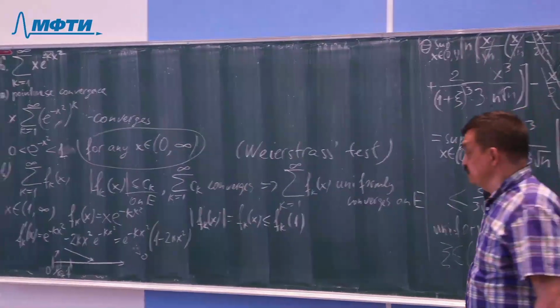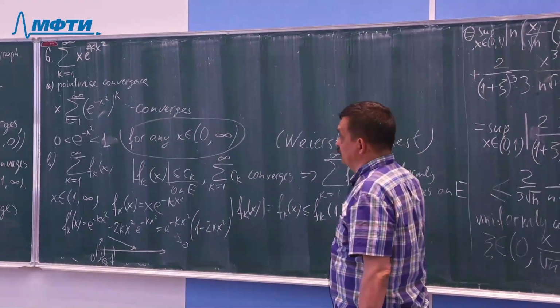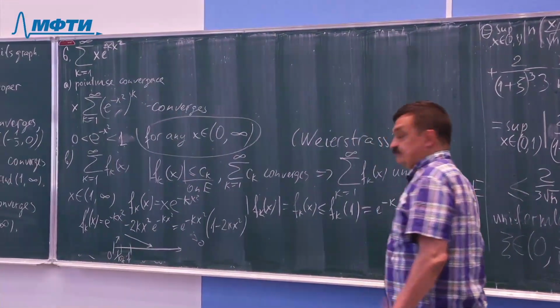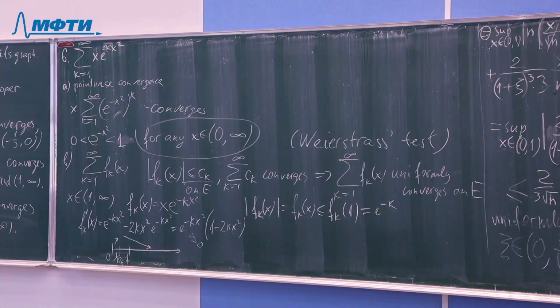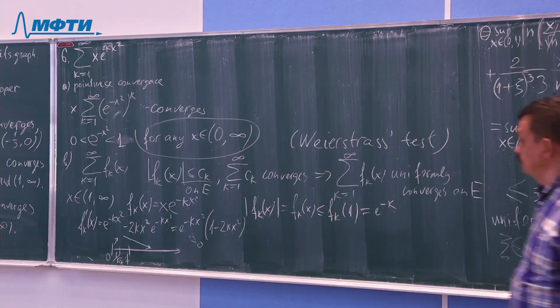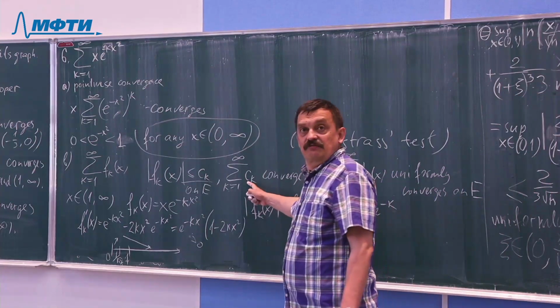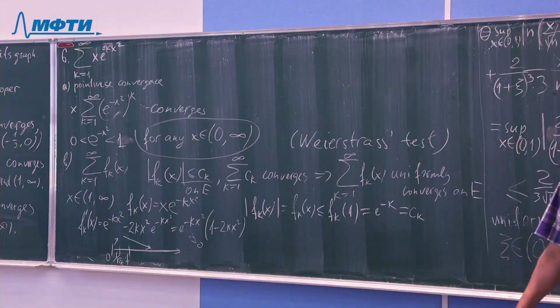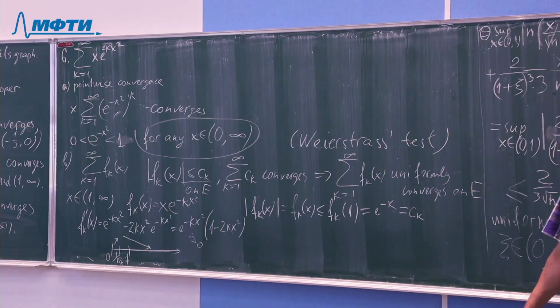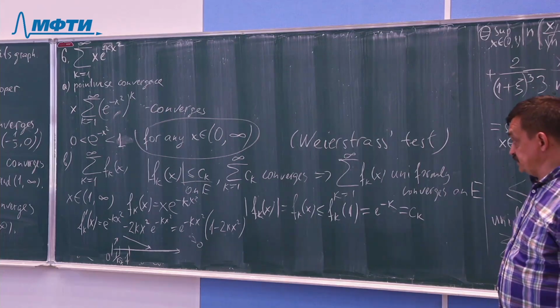And what is this maximal value? e to the power minus k. That is c_k for our case, right?